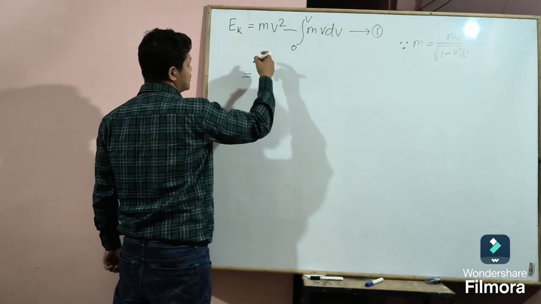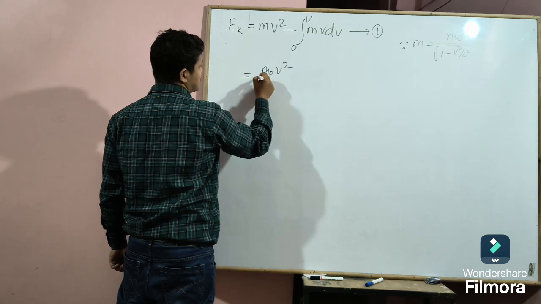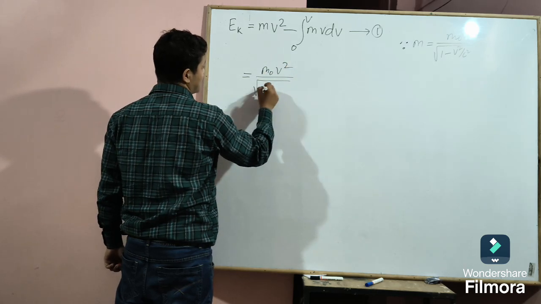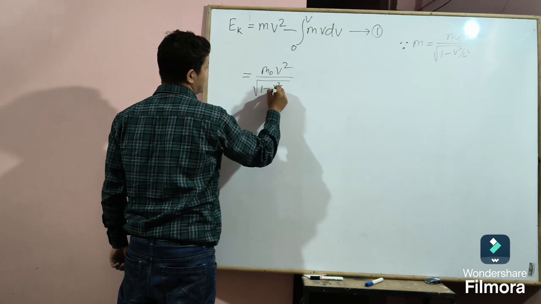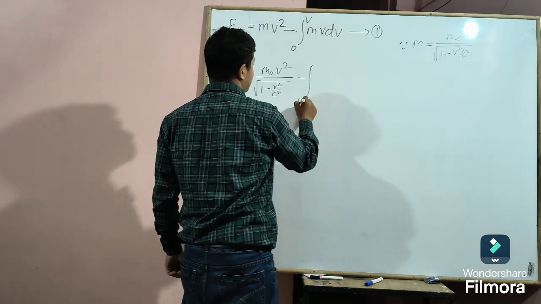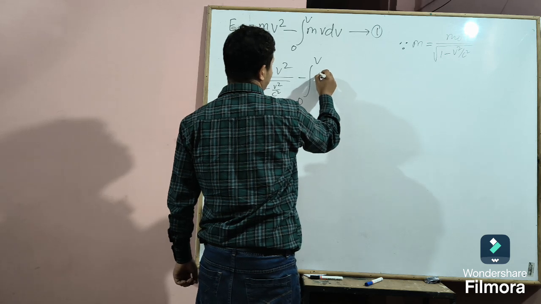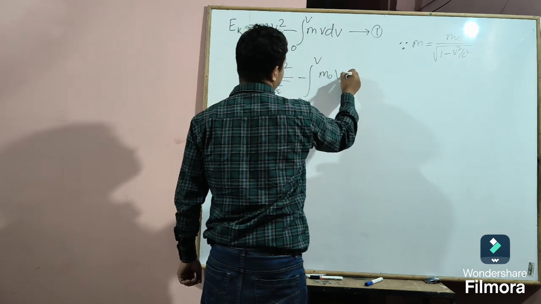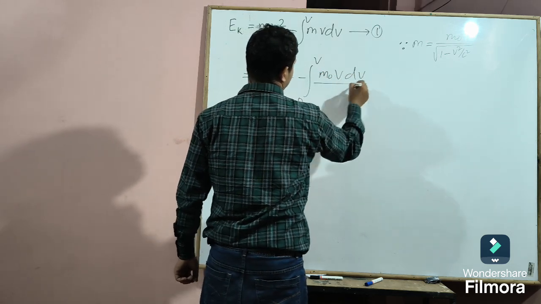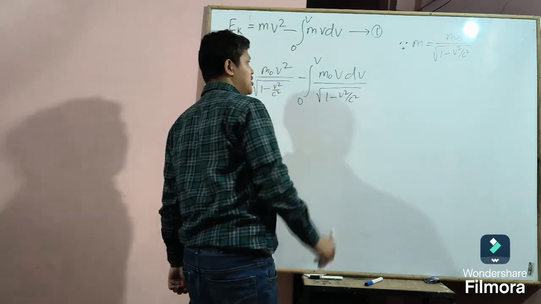So if we put this here, then we're gonna get m naught v square by root over 1 minus v square by c square, right? And minus integration 0 to v, instead of m we're gonna put m naught here, v dv divided by root over 1 minus v square by c square. That's what we have got.